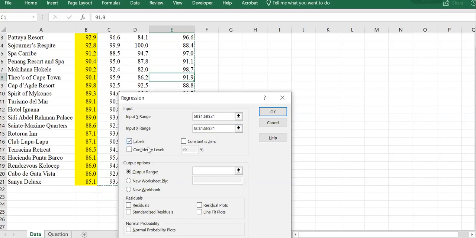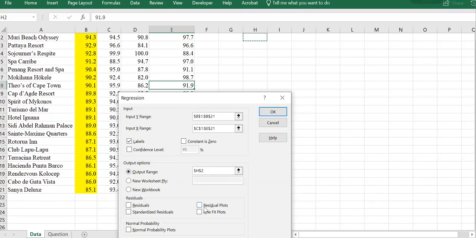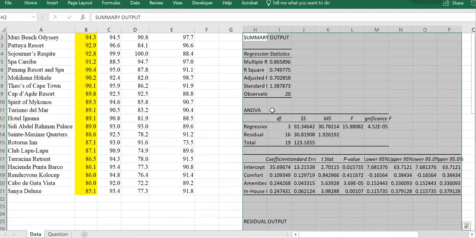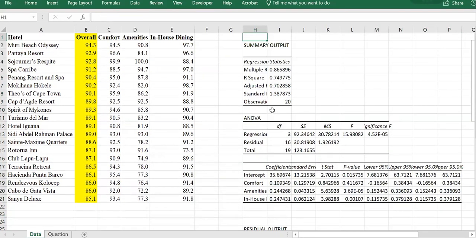I do have labels, and I'm going to put the output in, let's say, H2. And I also need the residual plots for making the statistical inference. Okay. All right. So this would be the answer to part A of the question.